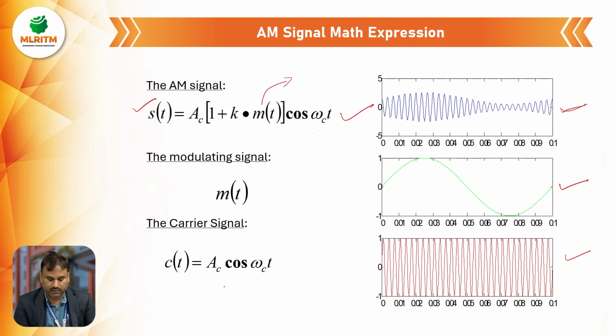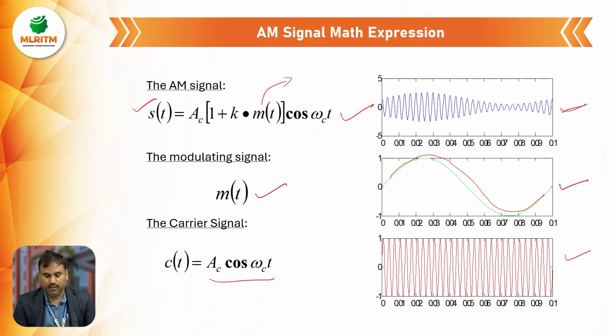The carrier signal is A_C cos omega_c t. This is a high frequency carrier, where the cycles are very close to each other, and m of t is a low frequency signal. Here I am showing wide cycles, meaning the time period is very high, so the frequency is very low. This is the mathematical expression of AM.